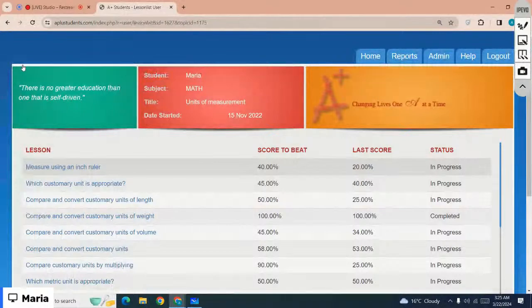The next one is compare and convert customary units of weight. Let's just start with the lesson. The one we have just finished is units of length.